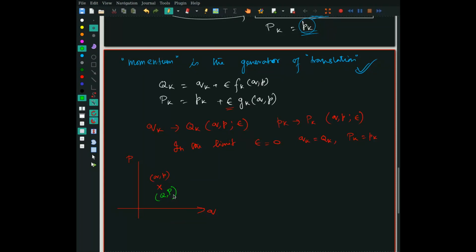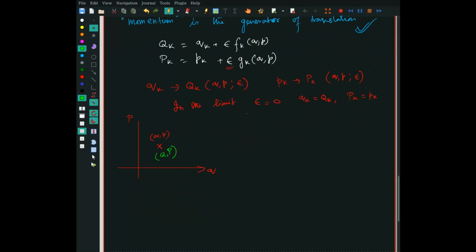What I mean by that is, as I told you, this coordinate qk, pk is equivalent to qk(q,p) at epsilon equals 0 and pk(q,p) at epsilon equals 0.